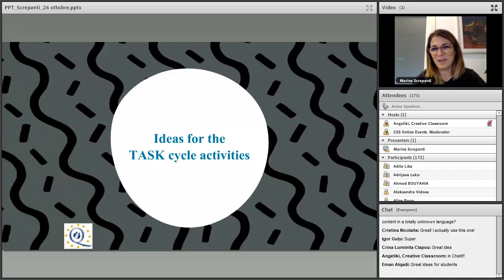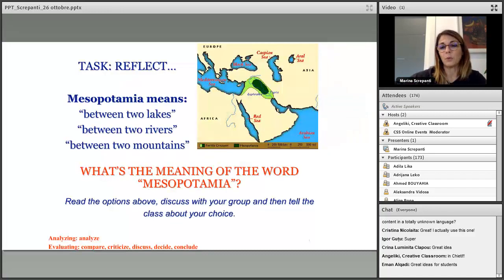Then some ideas for the task cycle. So you have to consider that in a CLIL lesson, there is also a pre-task, which is a sort of preparation just to introduce the topic. Then you have a task cycle with some activities that follow the Bloom pyramid.